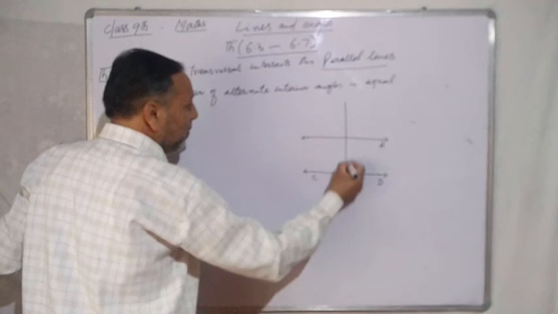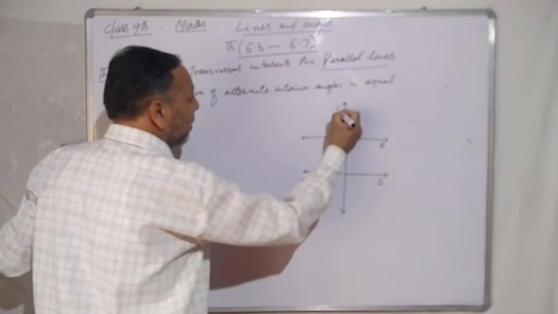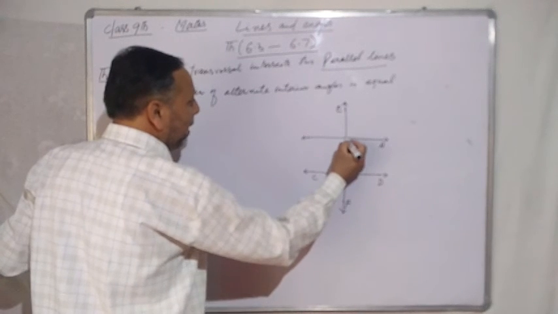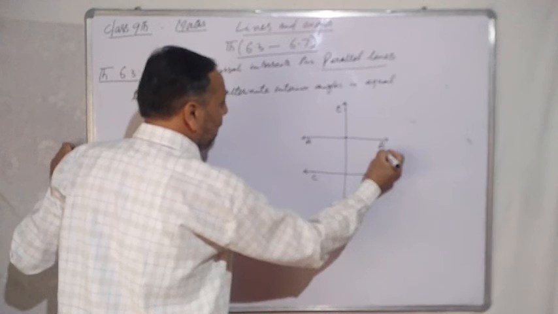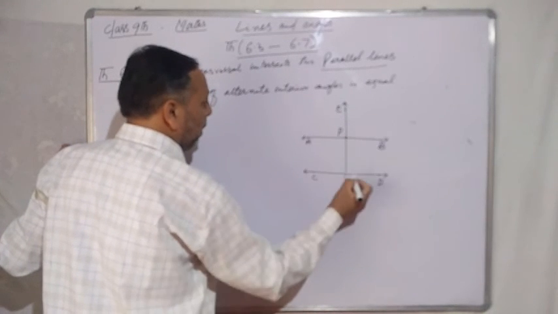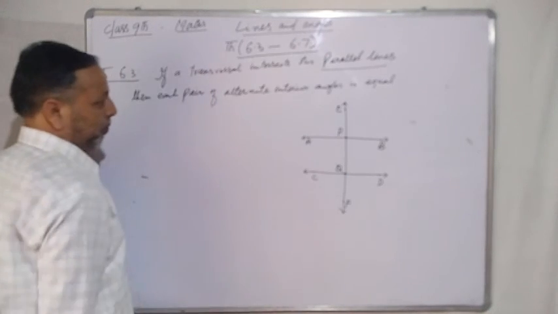Let a transversal EF intersects line AB at, you may say, P and line CD at Q respectively.